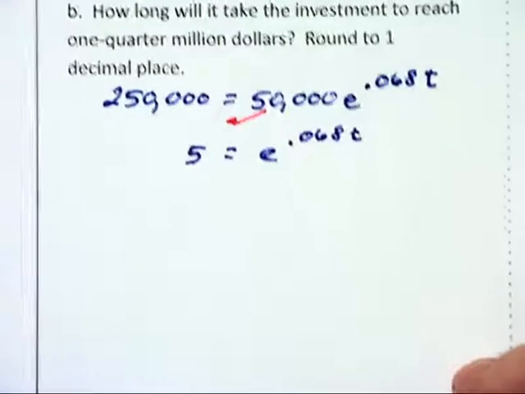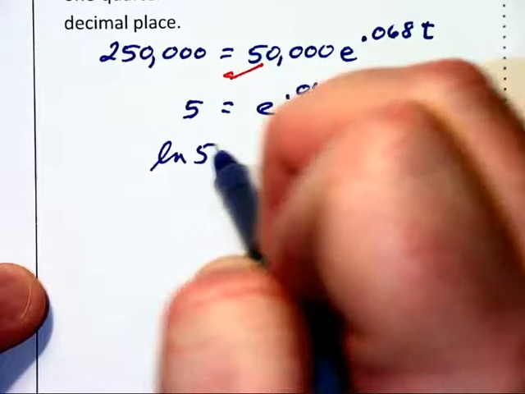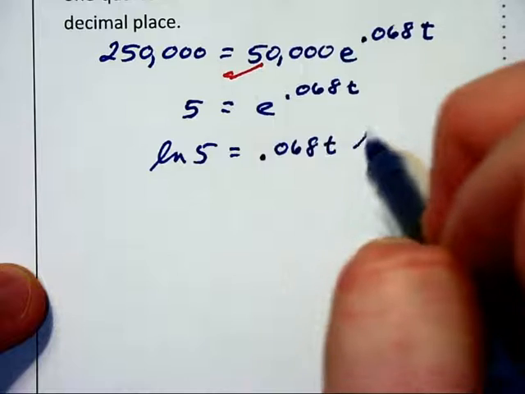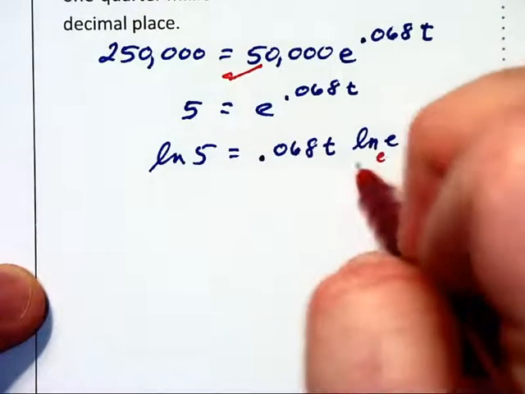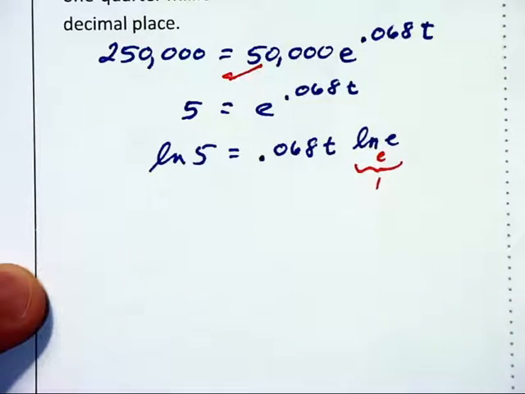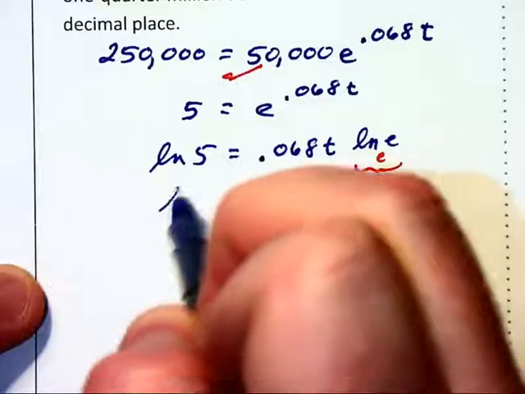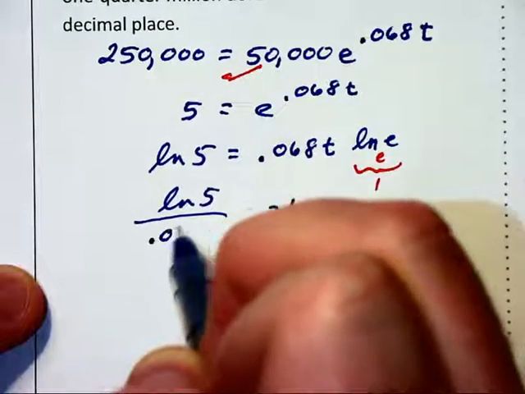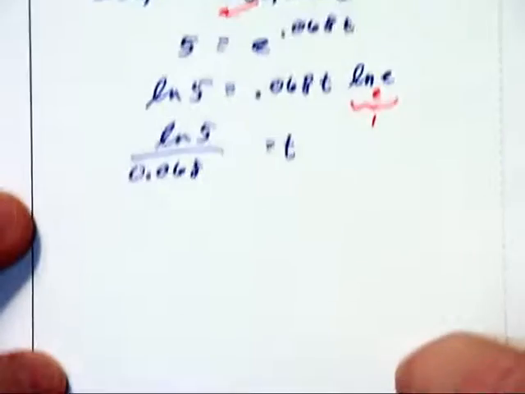We will then take the natural log of each side. So the natural log of 5 will equal 0.068t natural log of e, which we've already said is equal to 1. And so then t, after dividing each side by that decimal, is the natural log of 5 divided by 0.068. And I probably should put my leading 0 there since that's our exact answer.